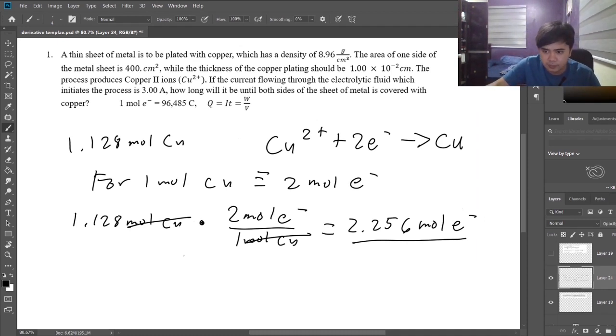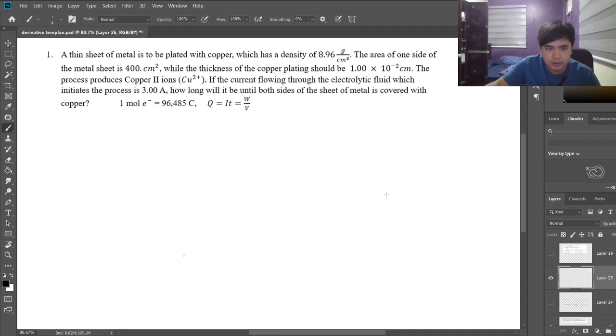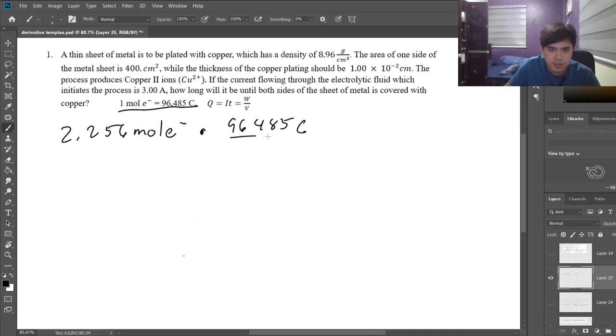So we have 2.256 moles of electrons. We have this constant, which is Faraday's constant, that states we can multiply this by 96,485 coulombs per 1 mole of electrons. This is the conversion factor of moles of electrons to coulombs.